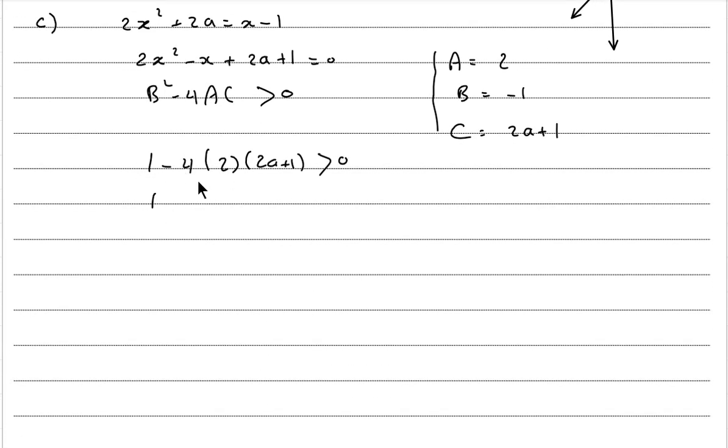Okay, we have here 1 minus 8 times 2a, minus 16a, and then minus 8 times 1 will be minus 8, more than 0, which means that 16a should be less than 1 minus 8, which is negative 7, and the final answer should be a less than negative 7 over 16.